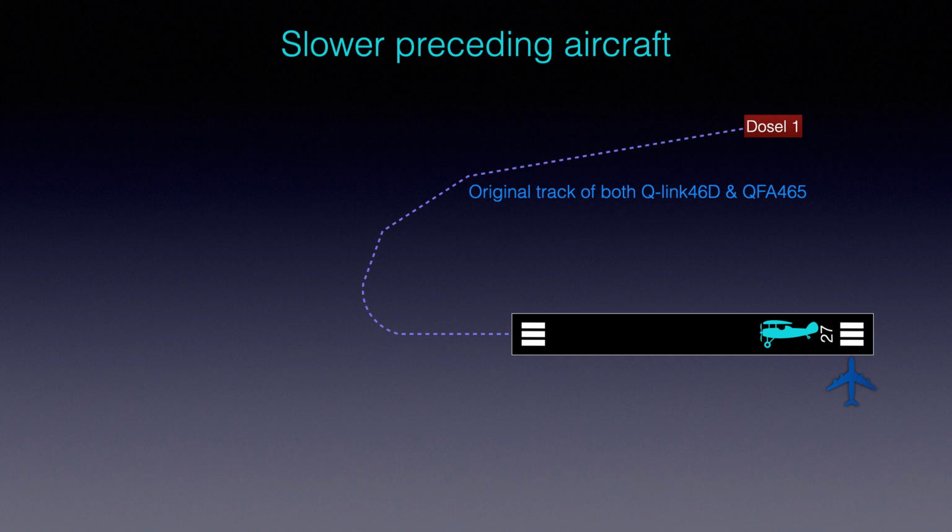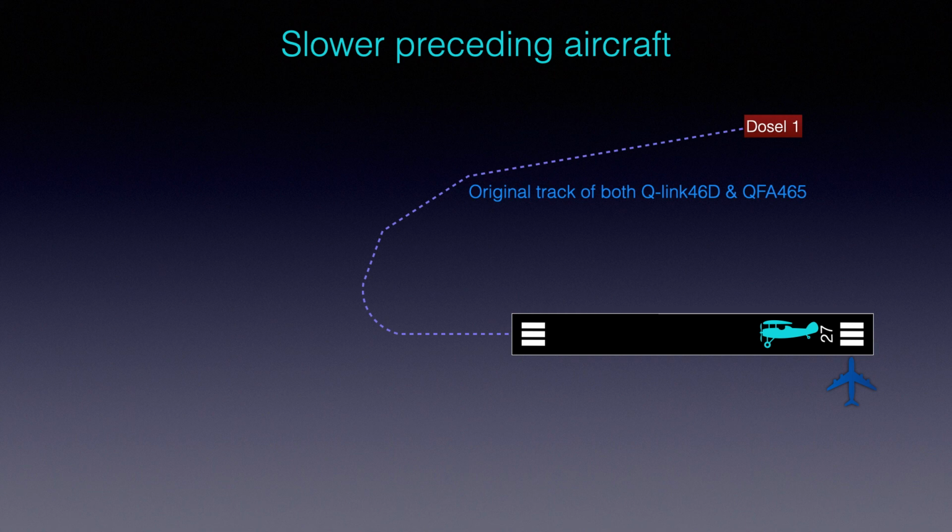Now, you don't need to be a genius to say, well, if the tower controller gives him takeoff, off he goes. Then you line up the jet, and now the tower controller is well within his right. As soon as that Q-Link 46 Delta commences a turn, for him, he has separation. However, there's only one problem.